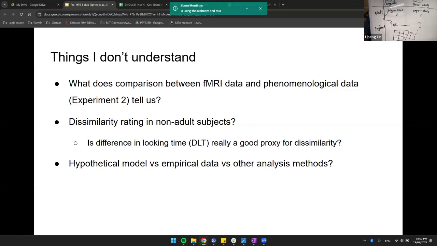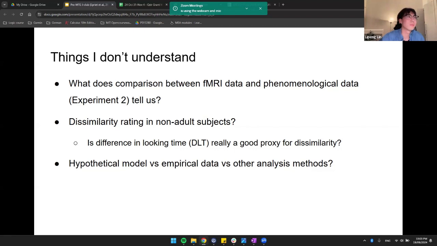So my question is, I thought before comparing infant looking time dissimilarity data and fMRI data, they should compare the looking time data from adults and fMRI data from adults.